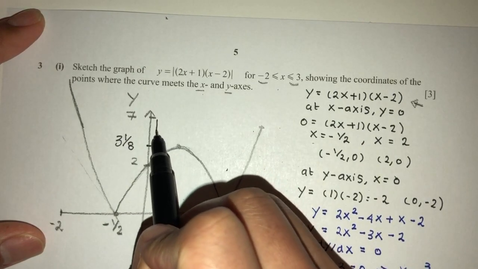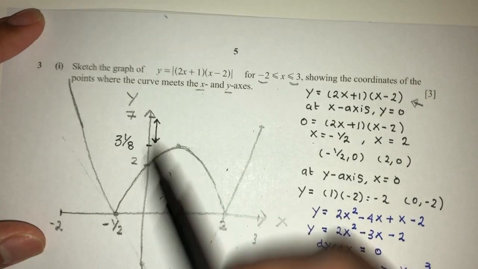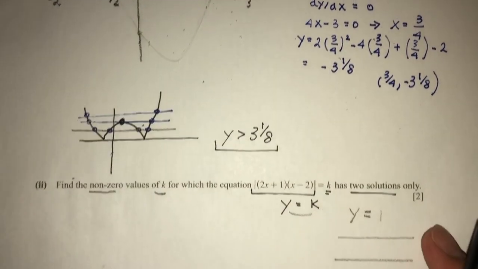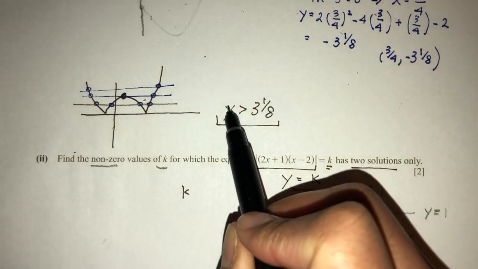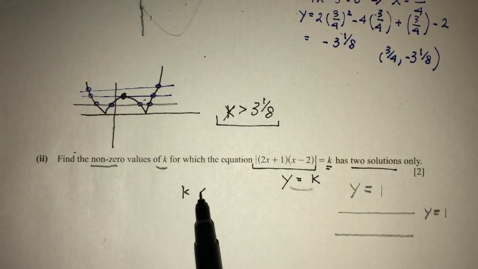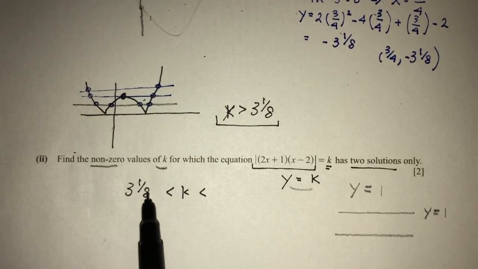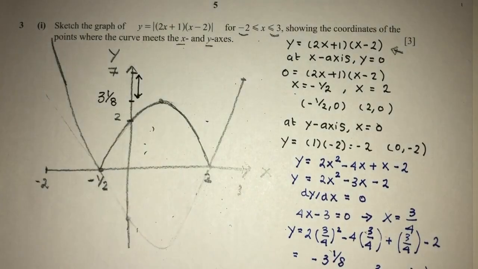So k only lies between those two values. From observation, you can see that is only possible for k, so that we have two solutions. So basically, the value of k, this is not y, this is k, sorry. K has to be between the value of 3/1/8 and then the value of 7, according to the diagram.